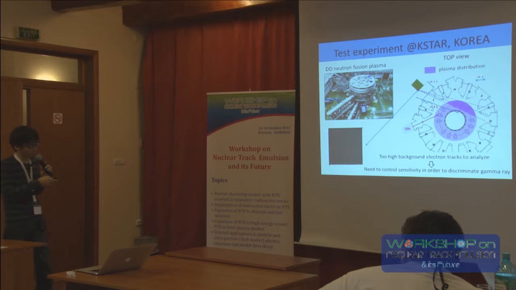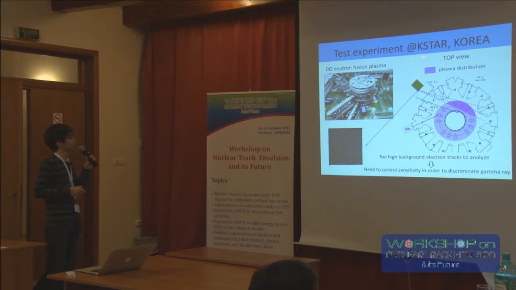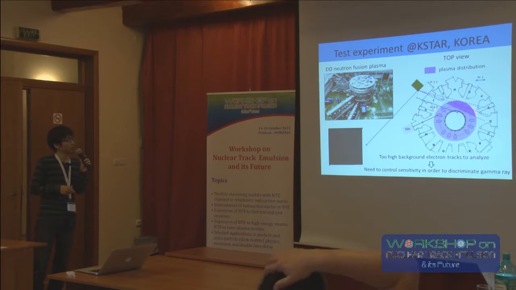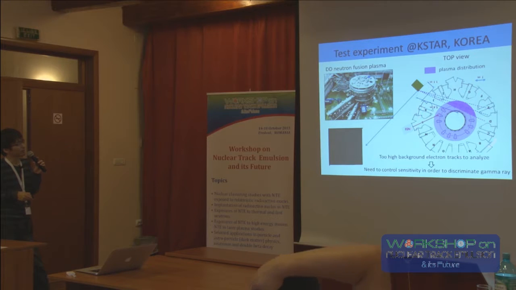We have conducted a test experiment at KSTAR. KSTAR is a Korean fusion reactor. This is a picture of the reactor, and this is a top view, and this purple region is the plasma distribution, and this is the structure of the reactor.